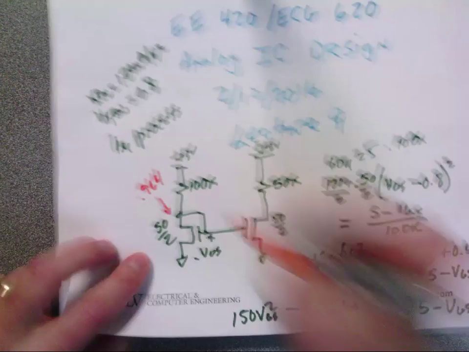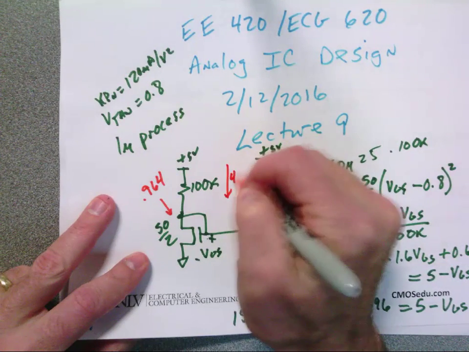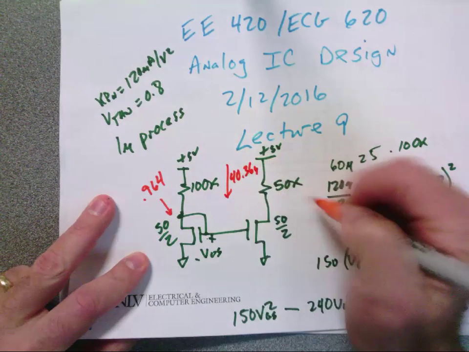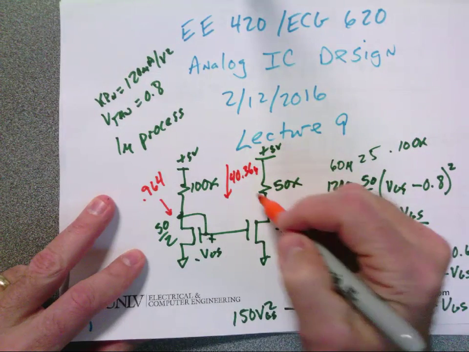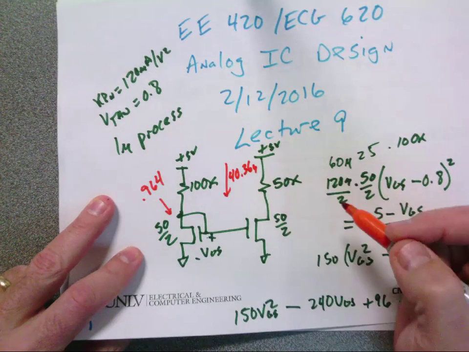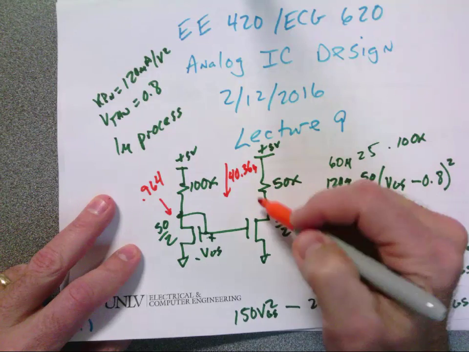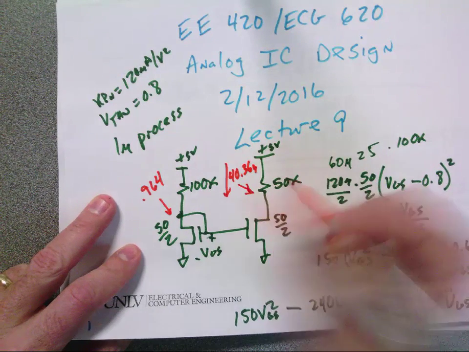So I get 40.36 microamps. So this is a current mirror. What's the current flowing in here? Now I'm neglecting output resistance. Same thing, right?